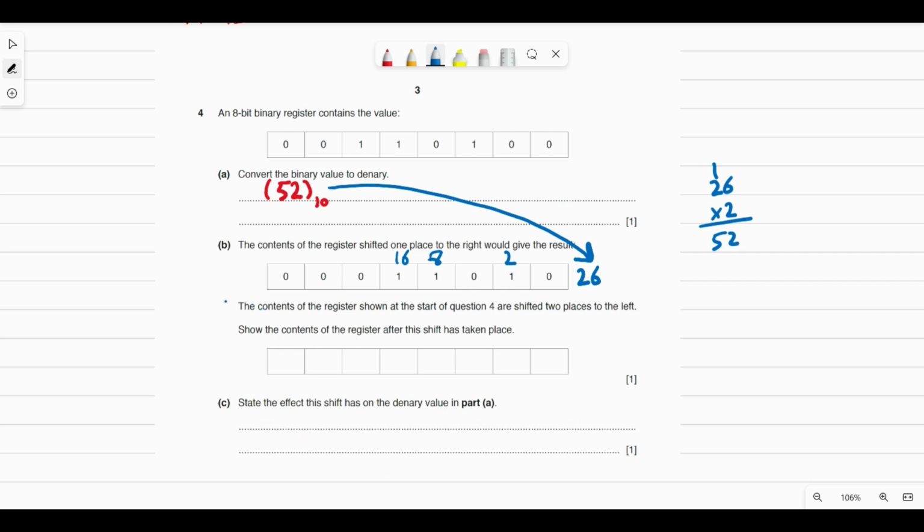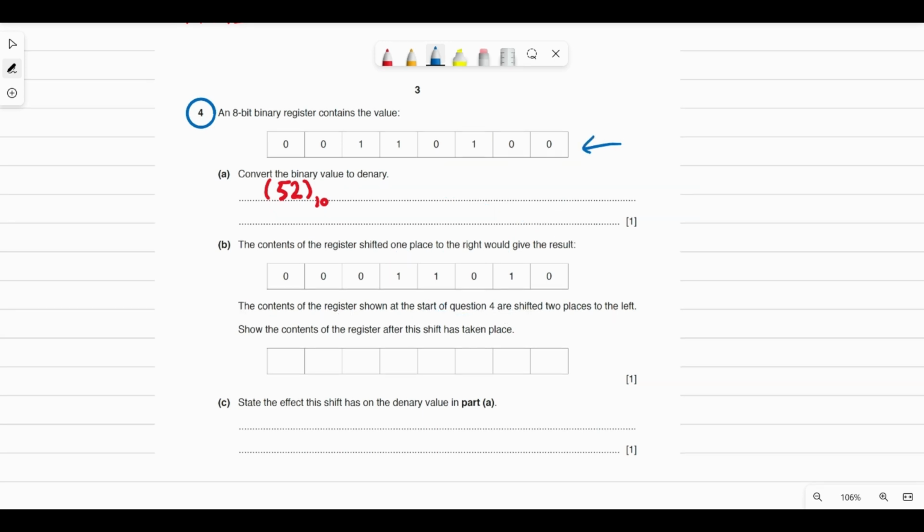This is the actual question: the contents of the register shown at the start of question 4 are shifted two places to the left. This is question 4 and this is the start. I have cleared everything up, and the start of question 4 is here.